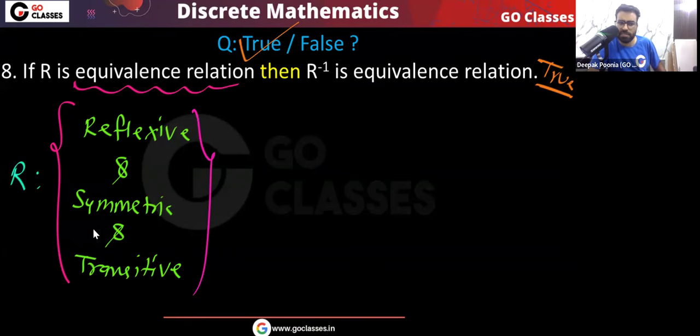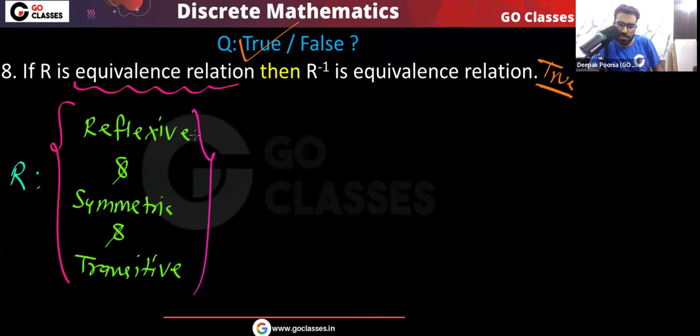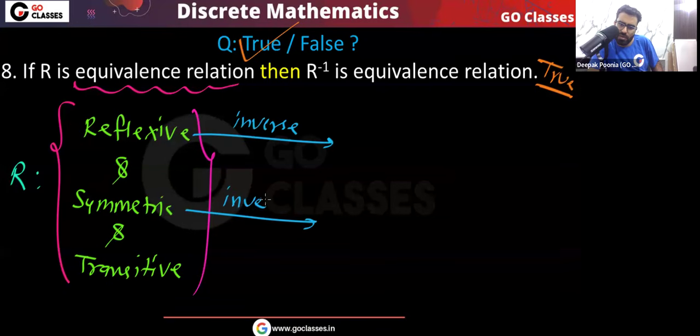And we have already seen that the reflexive property is preserved by inverse, the symmetric property is preserved by inverse, and the transitive property is preserved by inverse. So if I take the inverse of R, then again I will get an equivalence relation. If I take the inverse of relation R, these properties will be preserved.